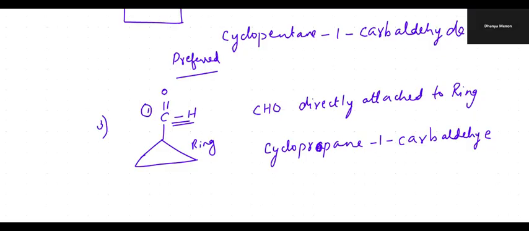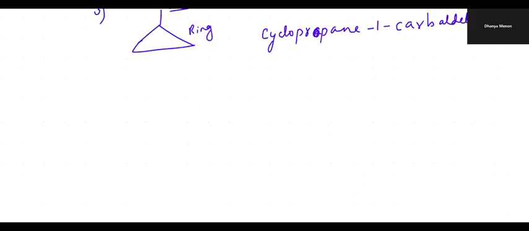Okay. Similarly, if I have this question, CHO is directly connected to the ring. What would be the name? Both the CHO is connected to the ring directly. So 1, 2, 3, 4, 5, 6.